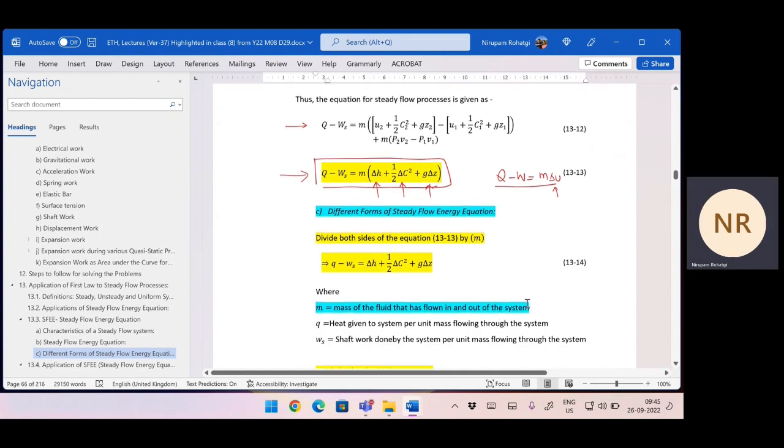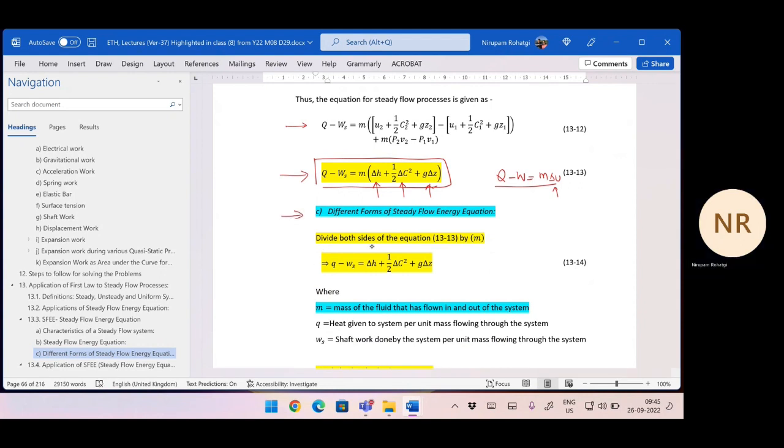Now, what are the different forms of these equations? You can divide both sides of the equation by m, and you get this equation. Now remember, when it was a closed system, we were dividing by the mass of the system. Here we are not dividing by the mass of the system, but by the mass which is entering the system.